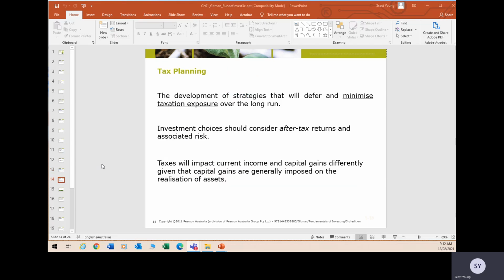Tax planning, of course, comes into it, on page 13 there. We touch on tax as we go through this, and it's an important consideration because essentially we want to look at our cash flows or our investment returns after tax. Tax is a reality. It's a fact. We don't dwell on it here; this is not a tax subject.